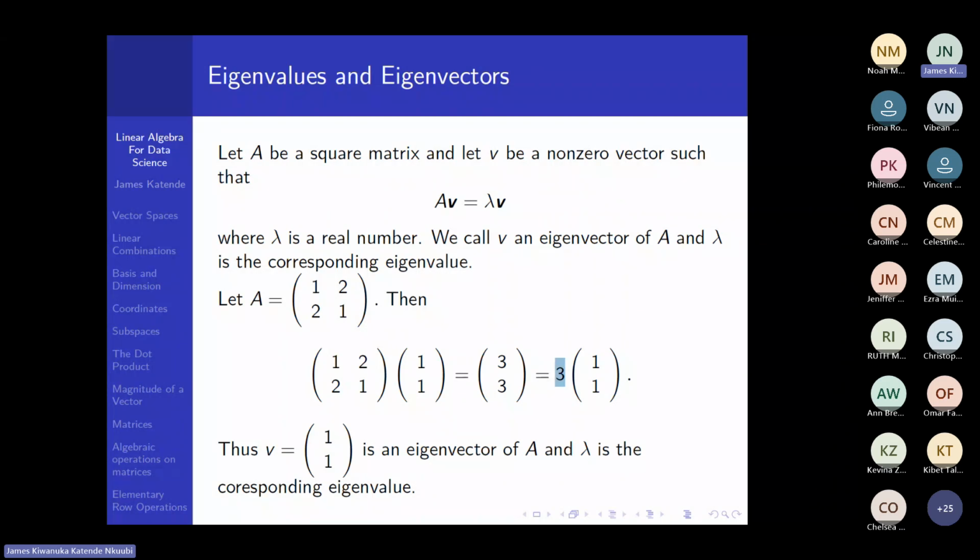So this number 3 is what we call an eigenvalue of this matrix. And there's an eigenvector as well corresponding to that eigenvalue. So this is one of the eigenvectors, and the corresponding eigenvalue is 3.